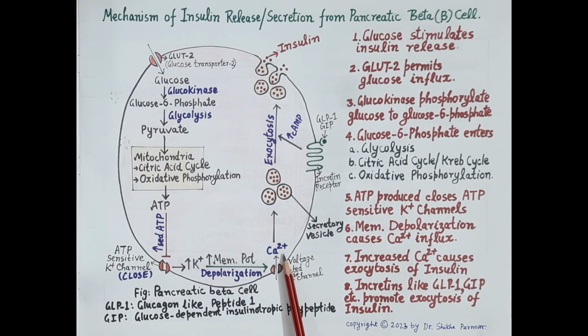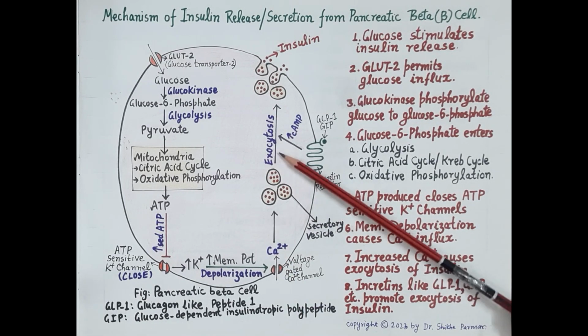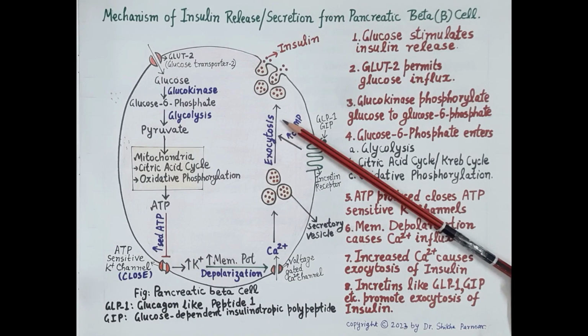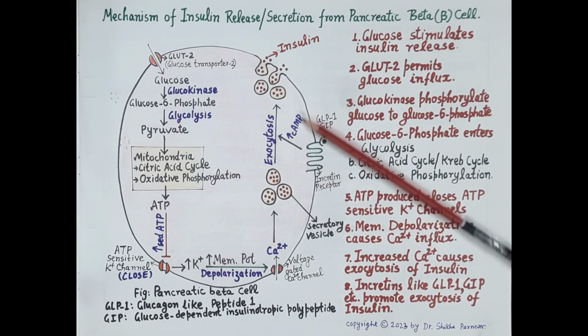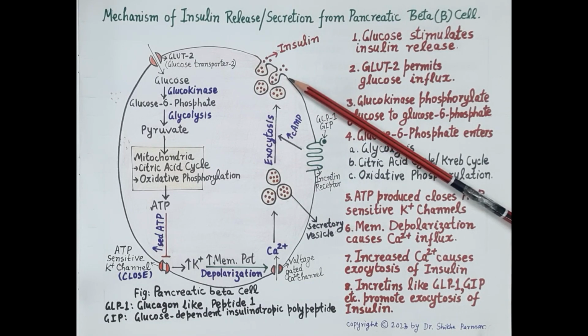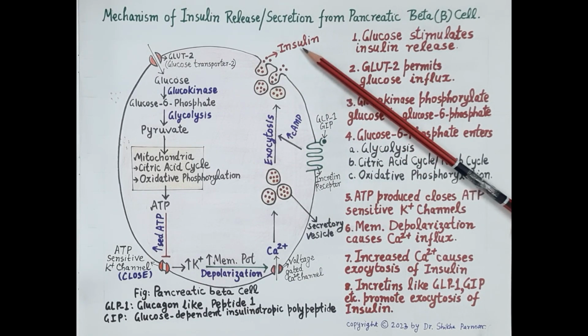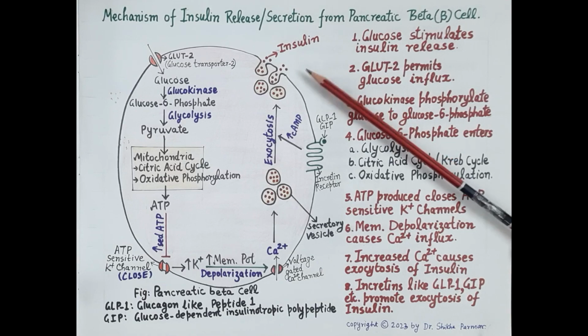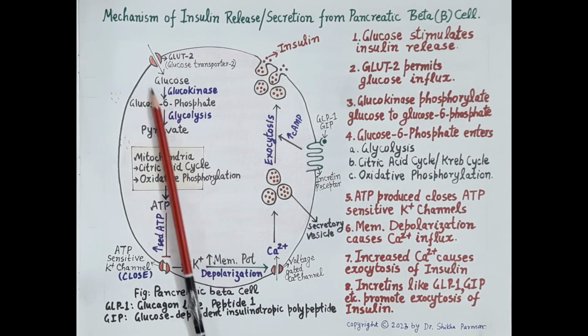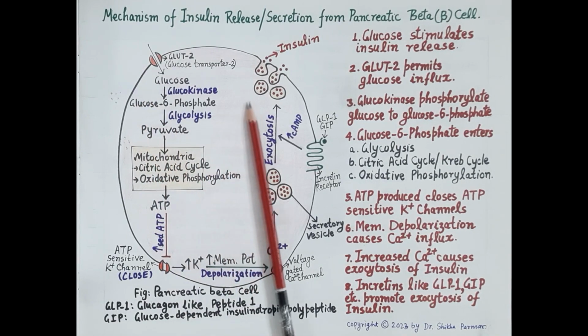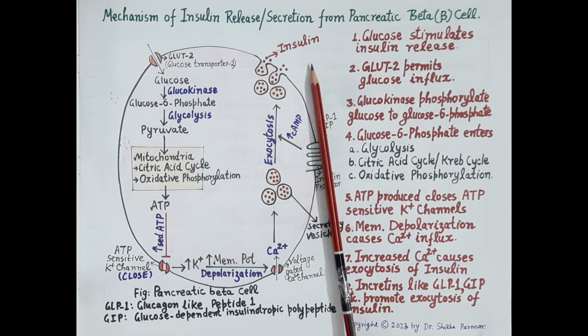Now, increased calcium causes exocytosis of insulin. So, these vesicles containing insulin fuse with the cell membrane and insulin is released in the blood. So, this is how levels of glucose in the blood regulate secretion of insulin from the beta cells.